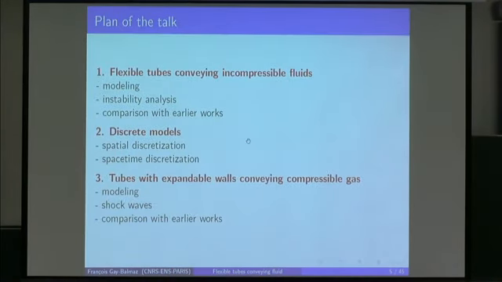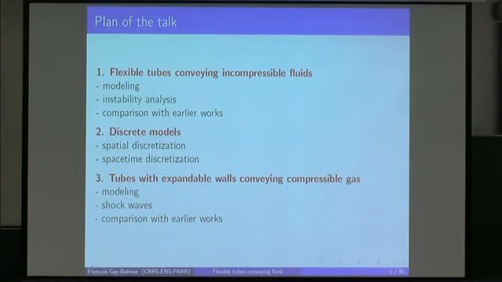Once we have this in mind, I can now give the plan. I'm not sure I will do all, but I will start with flexible tubes conveying incompressible fluid, do some geometric modeling, how to derive the equations, because I will insert some new physical effects that were not present in earlier models.